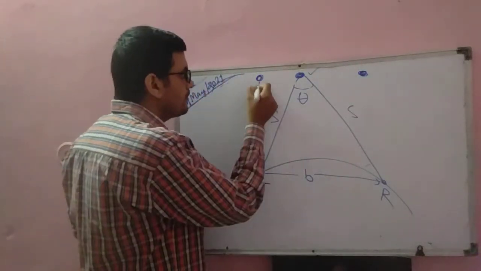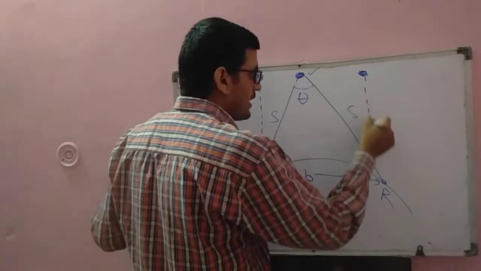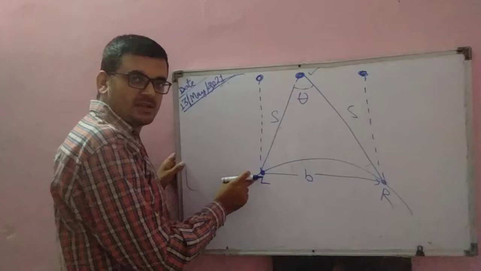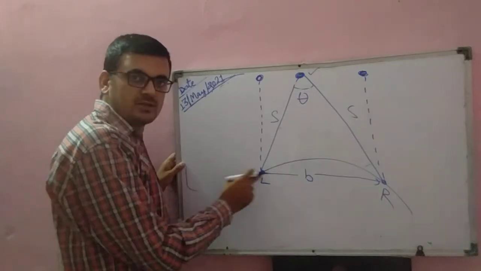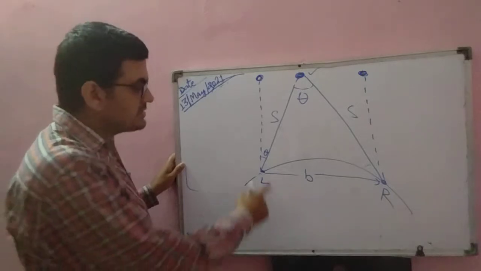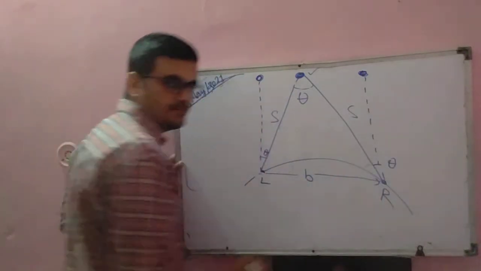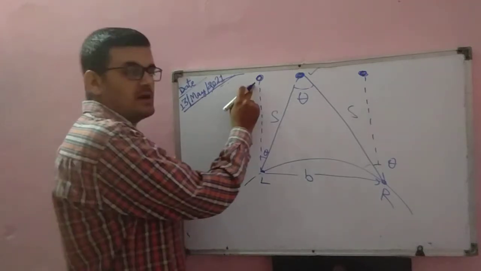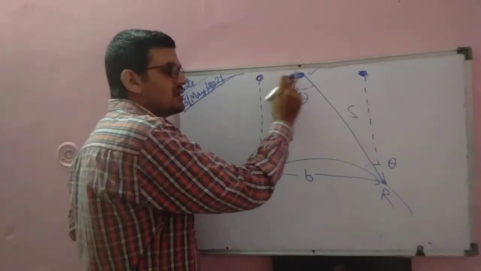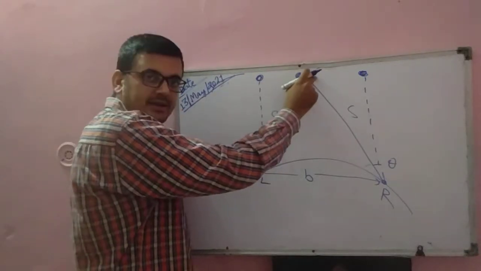So I will join this, we have joined this. Now because this is a position on the surface of Earth, we can measure this angle, and we can measure this angle. We have taken two other stars or objects which are at the same height and parallel to our target star.